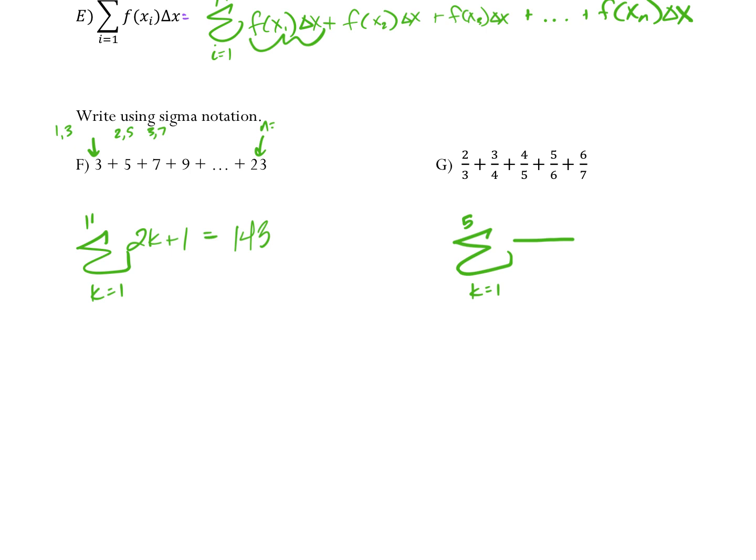You guys, is there a pattern going on here? Yes. You add 1 each time. Are you comfortable looking at the pattern of the top and the pattern of the bottom separately? What's the pattern on the top? Up by 1. K plus 1.